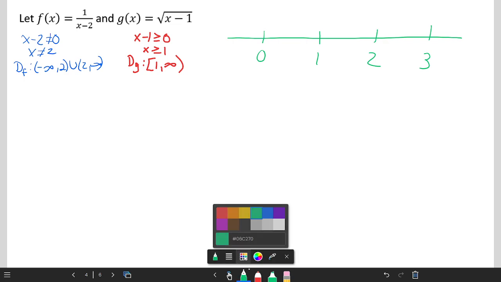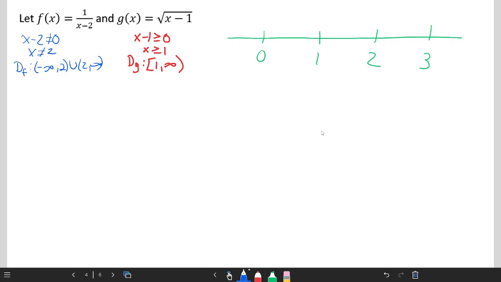F specifies that we can't use 2. So we know we need to skip over that value of 2 because we can't substitute 2 into f. Now, just the domain of f was all reals except that, so we would shade the whole number line if we were just graphing the domain of f. But we can't use 0 now if we're combining with function g, because function g can only use values that are greater than or equal to 1.